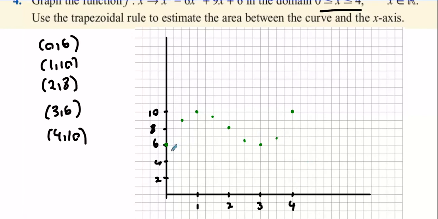So this should make my life a bit easier when drawing it.